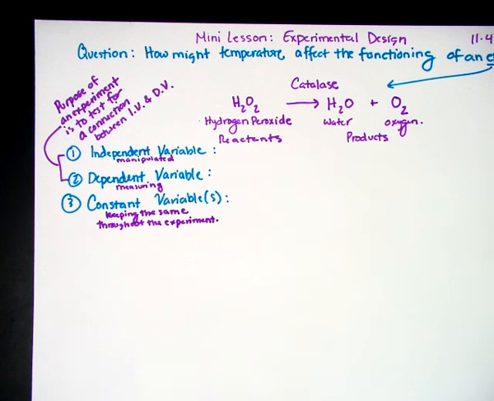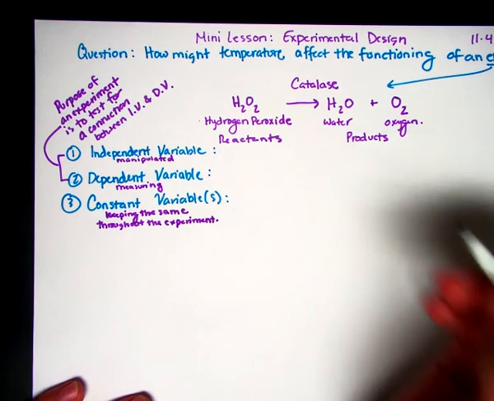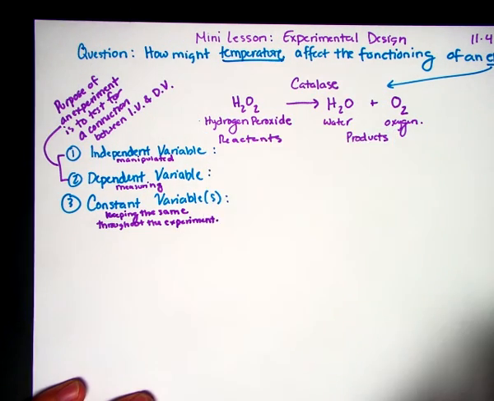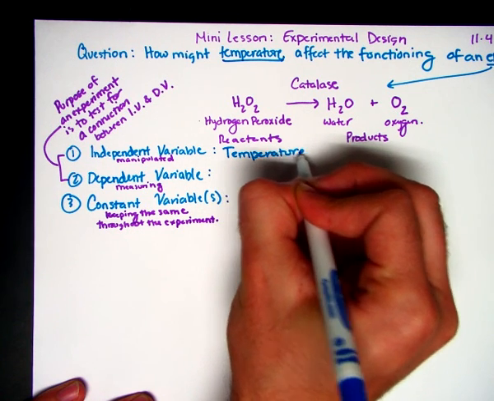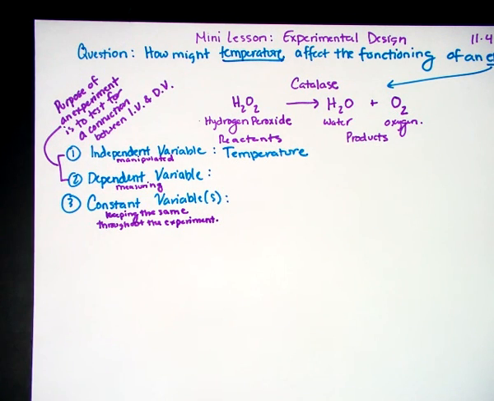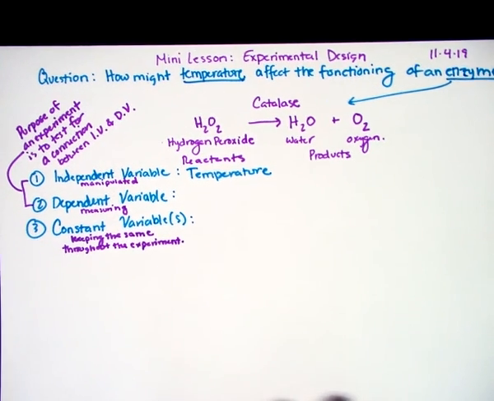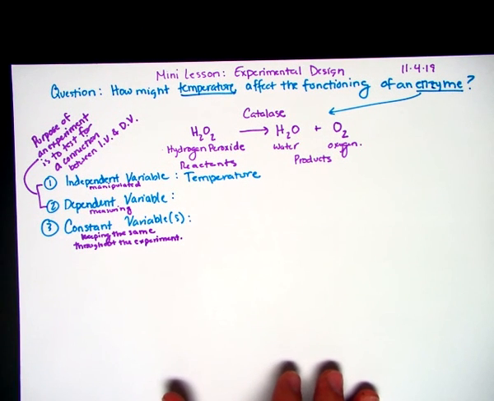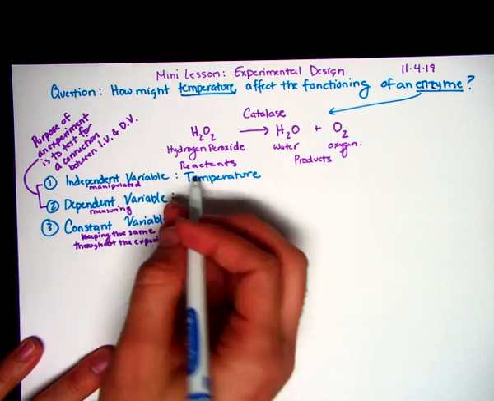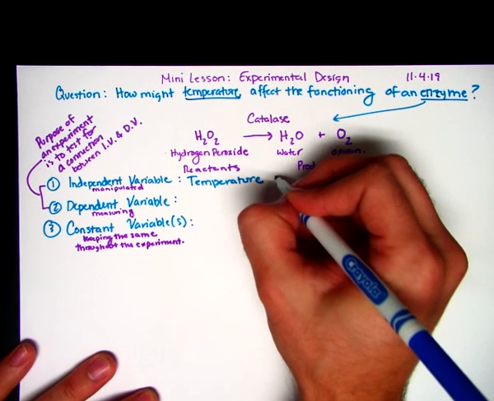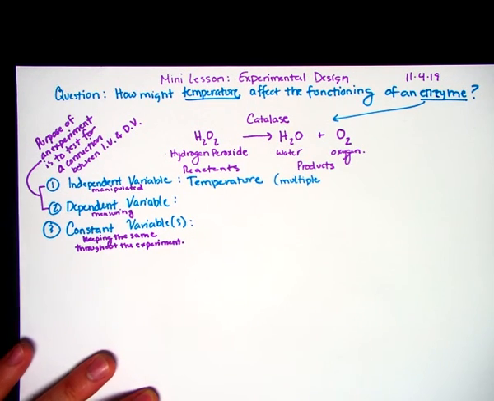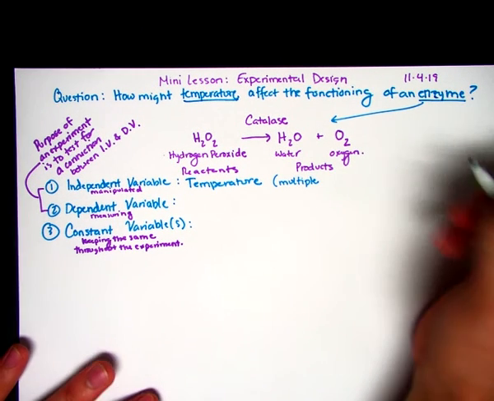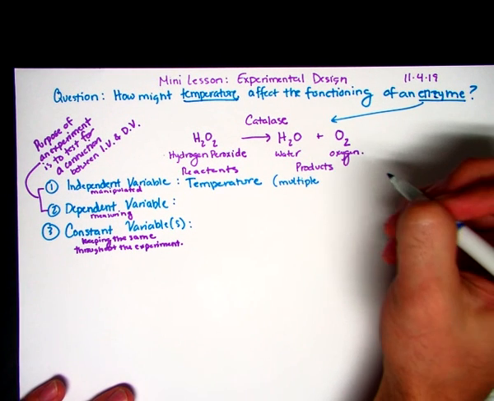Okay. So in this experiment, the thing that will be changing is temperature. We are altering temperature to test its effect on the functioning of an enzyme. Now, with an independent variable, you can have multiple levels.